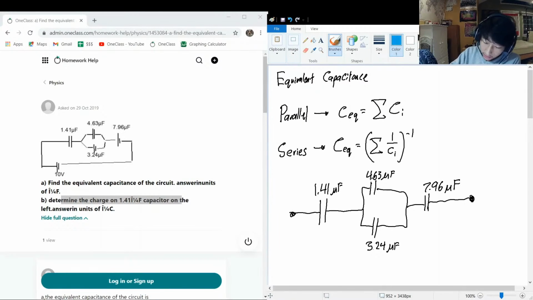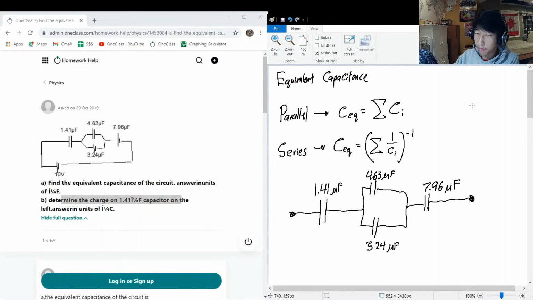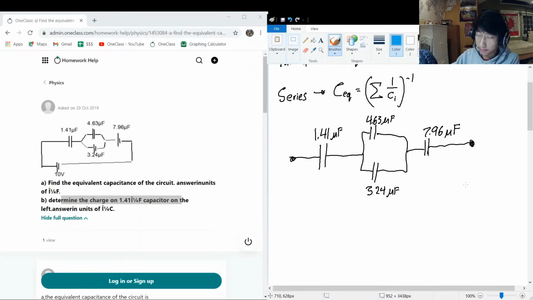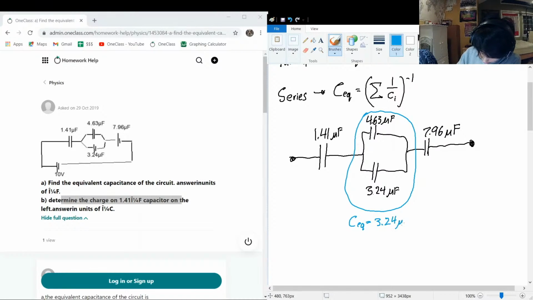So the first thing that we want to see is, hey, don't we got a parallel section right there? Wouldn't that be nice and easy to compress? So we know that this CEQ for this section is going to be 3.24 microfarads plus 4.63 microfarads, which is equal to 7.87 microfarads.